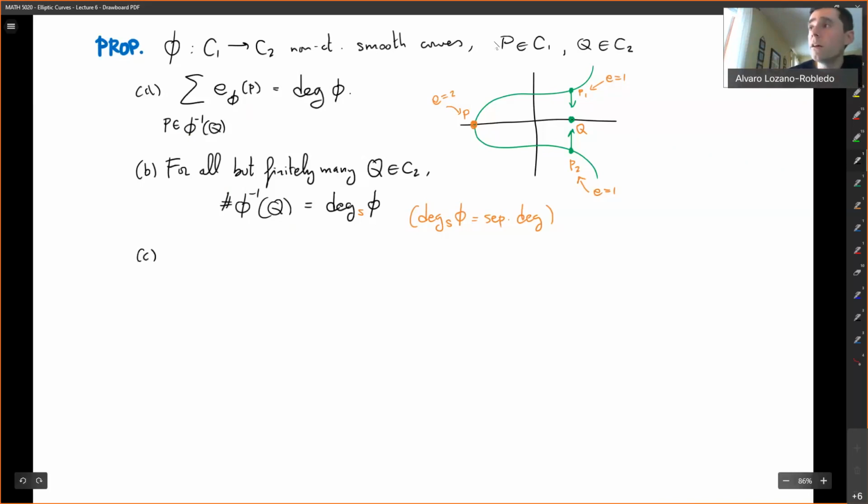And C, if you have another non-constant map, then the ramification index of the composition is the product of the ramification indices.